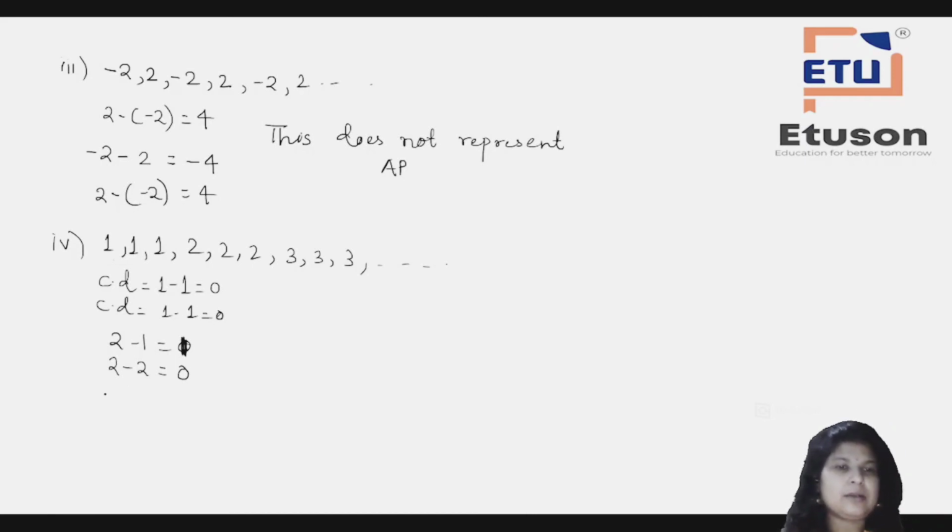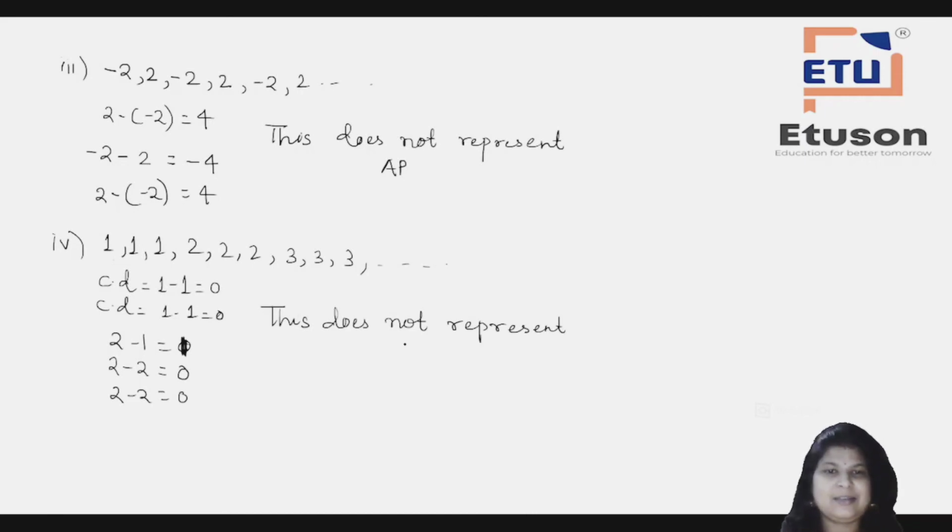So it keeps on changing, right? So there is no common difference. There is a pattern which is followed, but it doesn't satisfy the condition of arithmetic progression, correct or not? So this does not represent arithmetic progression.